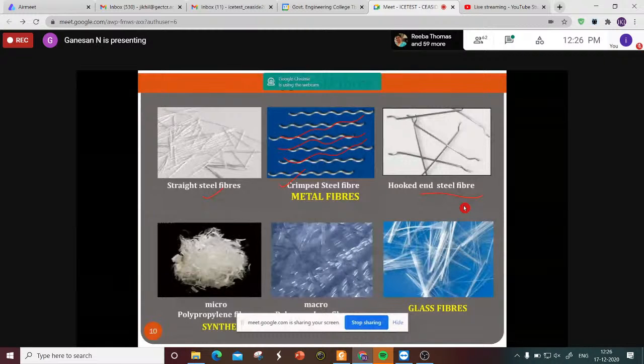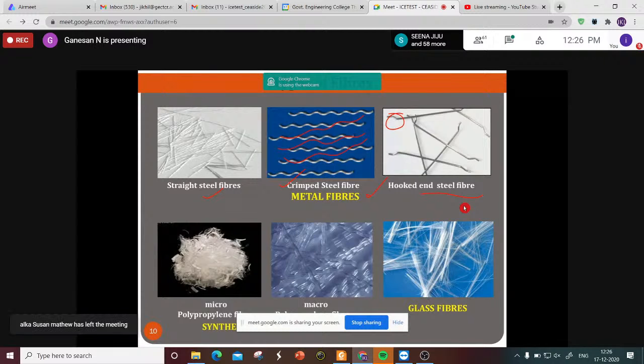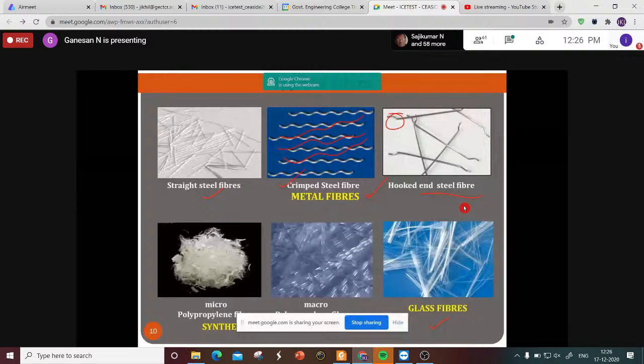These hooks will improve the bond. Then, other things like synthetic fibers: micro polypropylene fibers, glass fibers, and so on are called synthetic fibers.